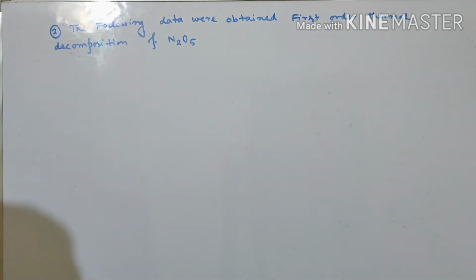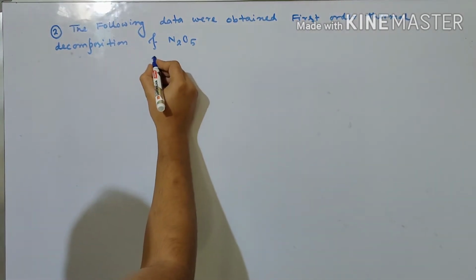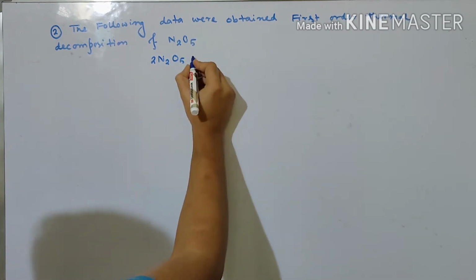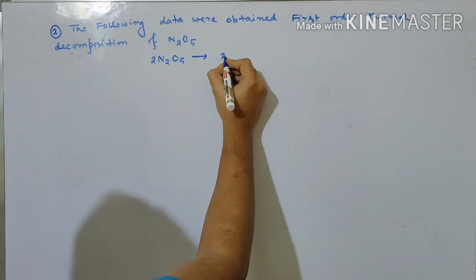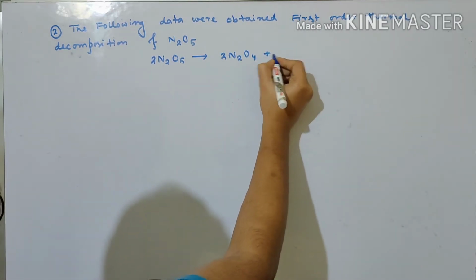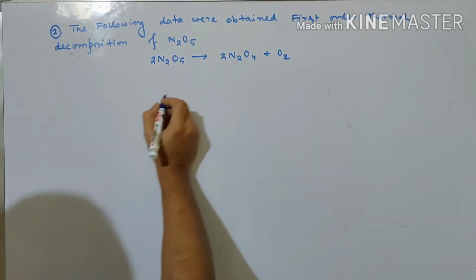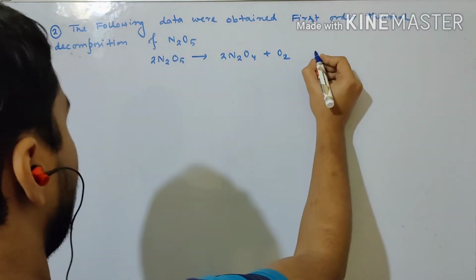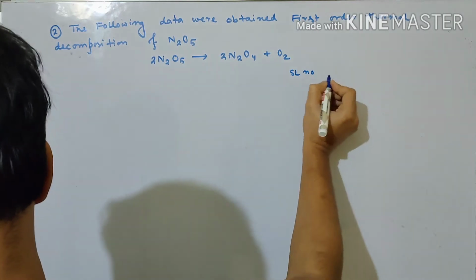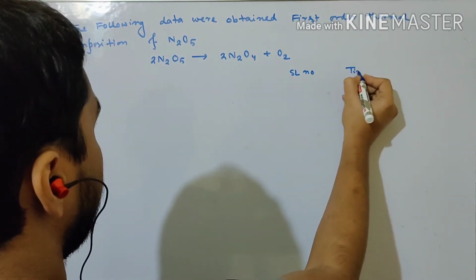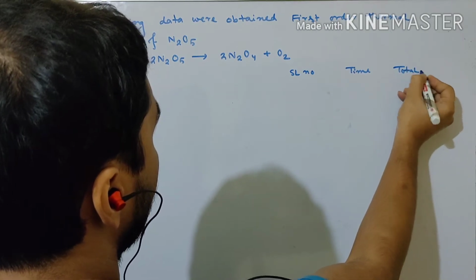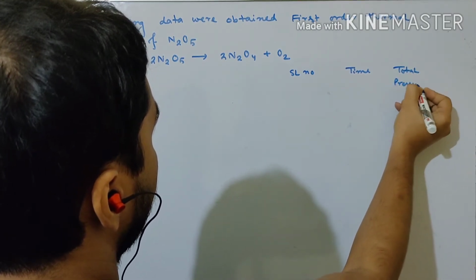You see, the reaction goes like this: 2 N2O5 giving rise to 2 N2O4 plus O2. So the values are like this: serial number, time, and total pressure.